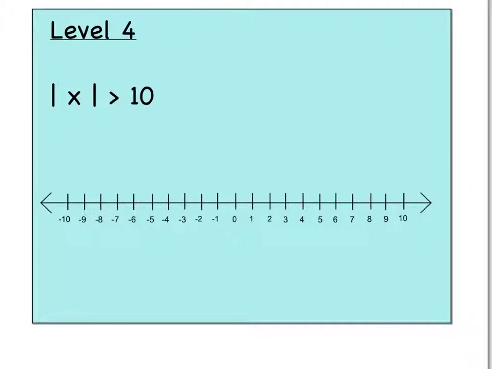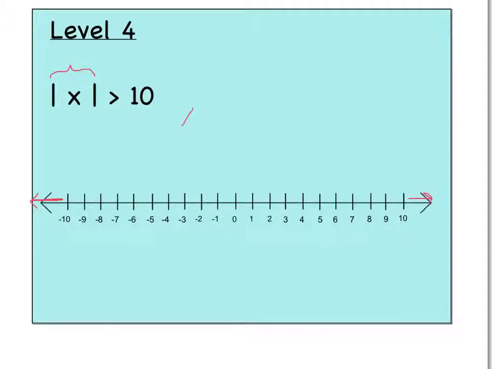This is where it gets very tricky, so you want to make sure that you're paying attention, maybe going back, replaying this over and over again. When we have a statement like this, this is saying that the distance from 0 has to be greater than 10. So if we're looking at the number line, that means it has to be beyond 10 here, and beyond 10 here.